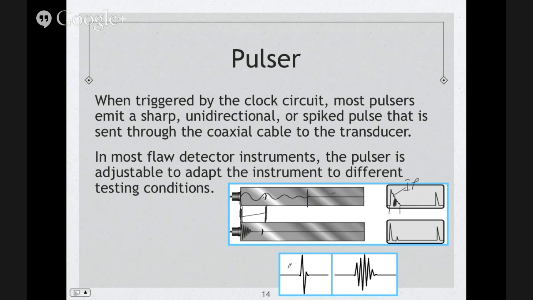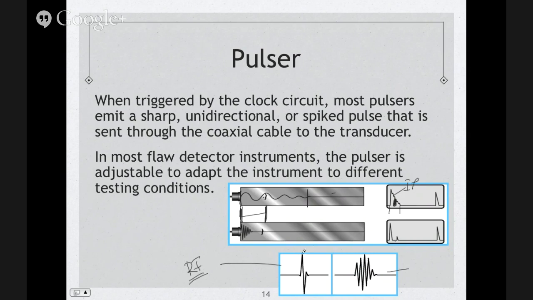If you have it on this type of display, we say that display is our RF, or radio frequency. You can see how with a short pulse, you have a short, sweet indication versus this pulse that may be greater.